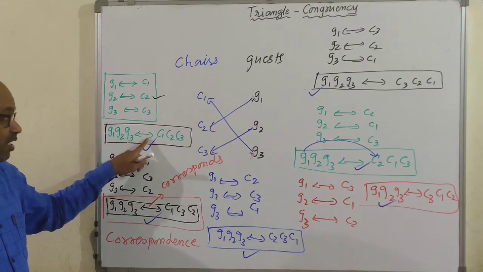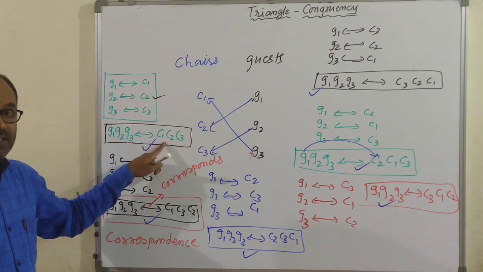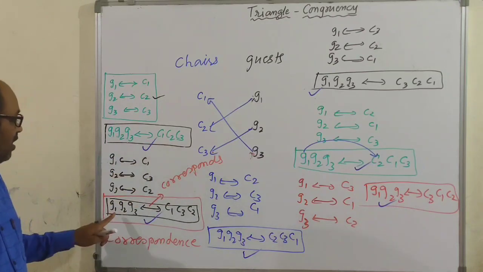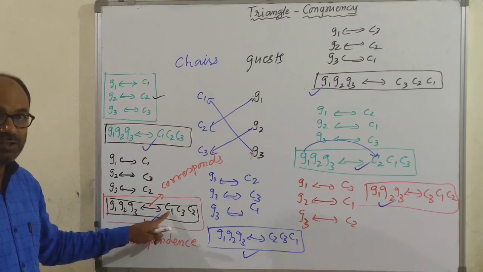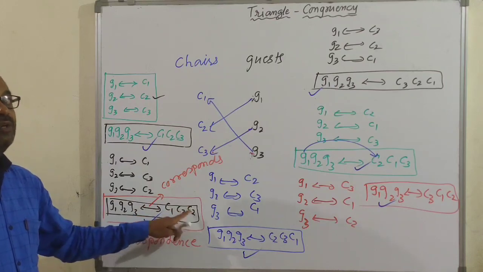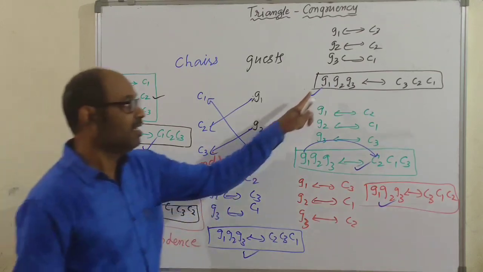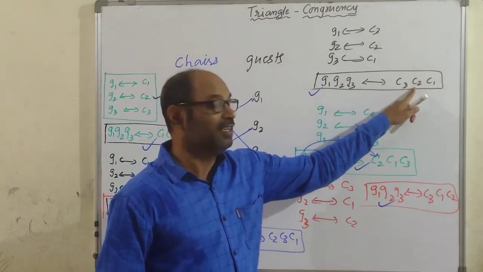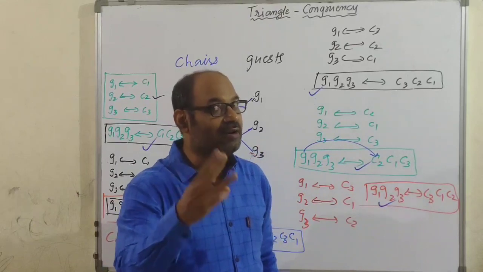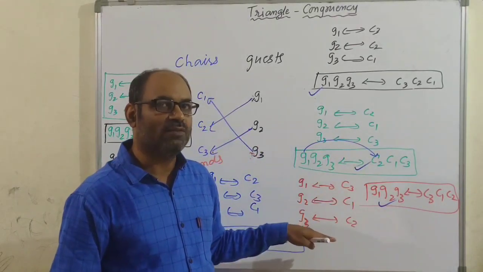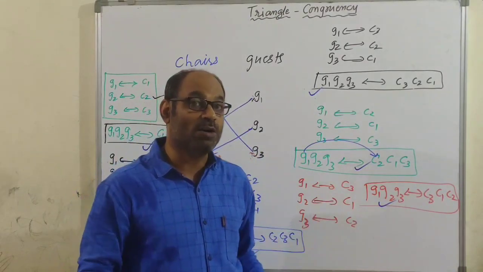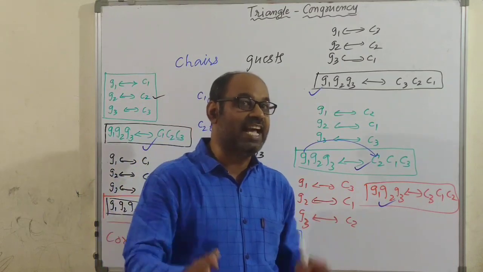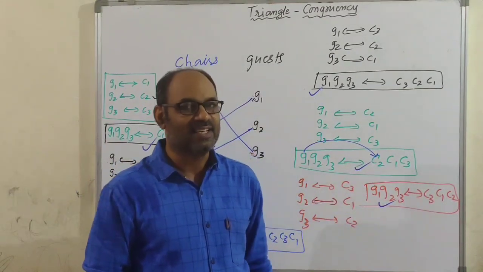G1, G2, G3 corresponds to C1, C2, C3. This is the first correspondence. G1, G2, G3 corresponds to C1, C3, C2. This is the second correspondence. G1, G2, G3 corresponds to C3, C2, C1. This is the third correspondence. Like that you have the 4th, 5th and 6th. So how many correspondences are possible between 3 guests and 3 chairs? 6.